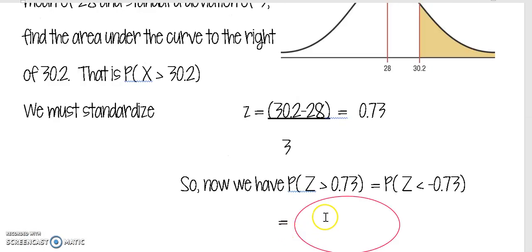So the requested area under the curve is 0.2327. That is the area under the curve to the right of 30.2 in this normal distribution, or to the right of 0.73 in a standard normal distribution.